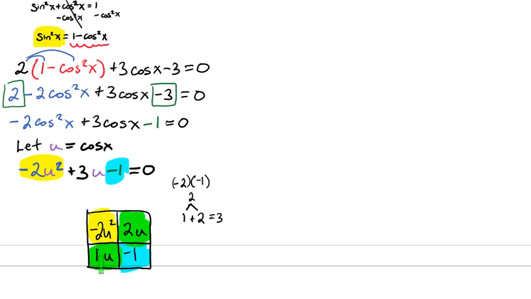And now we're ready to see what exactly each of our rows and columns have in common. Looking at our first row, we see that there's a 2 in common. But because our leading box was negative, we're going to pull the negative out with us. Looking at the next row, we see that they each have a 1 in common. Looking at our first column, we see a u in common.